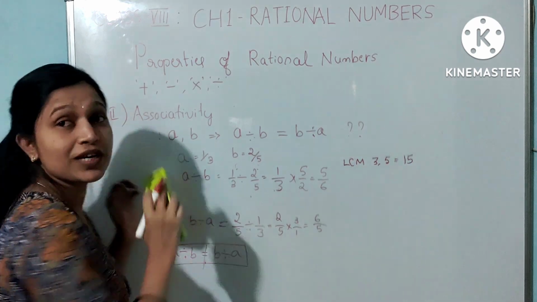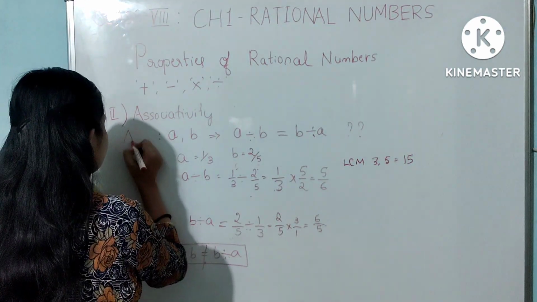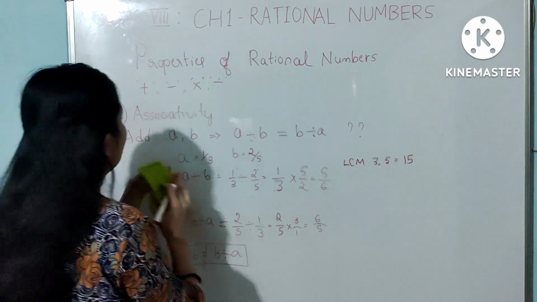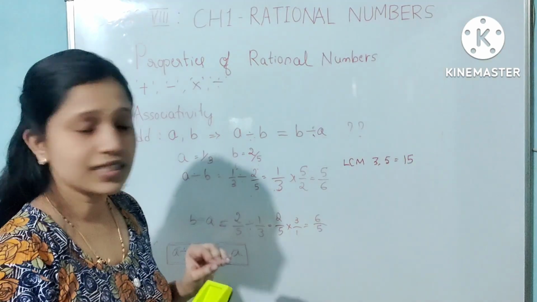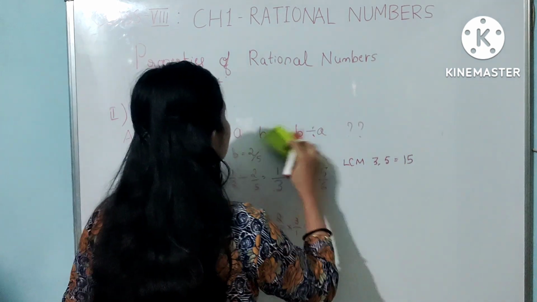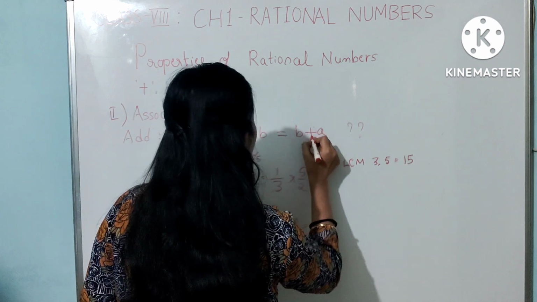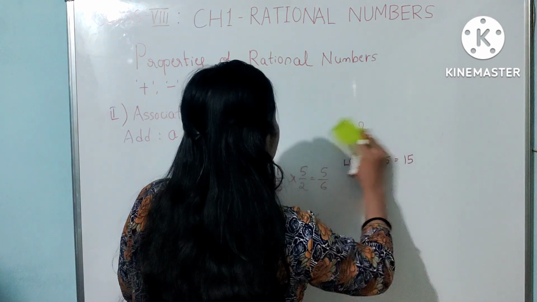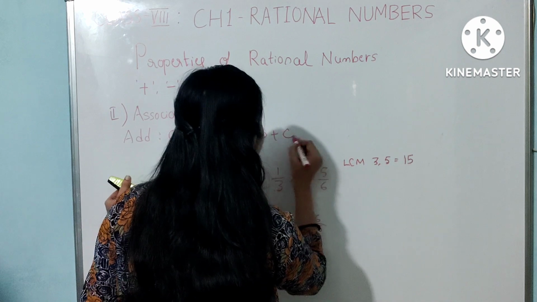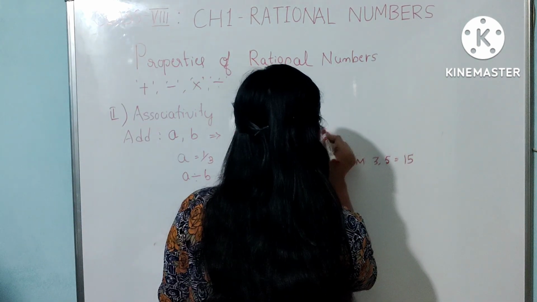So first operation, addition, right? For given rational numbers a, b, we have to check whether (a plus b) plus c is equal to a plus (b plus c).